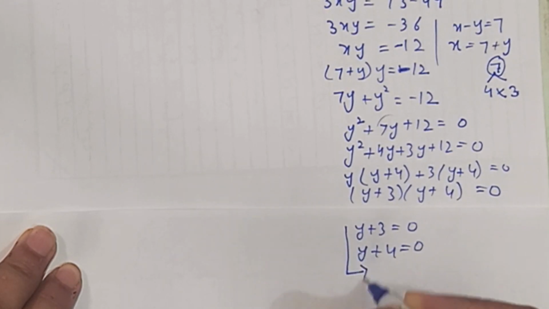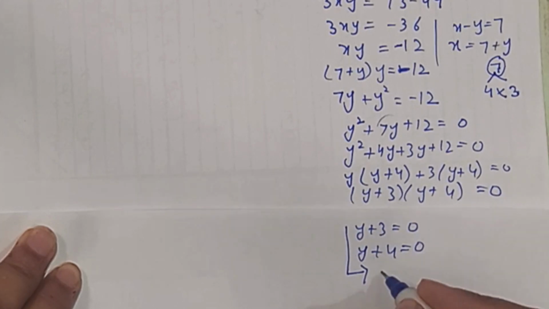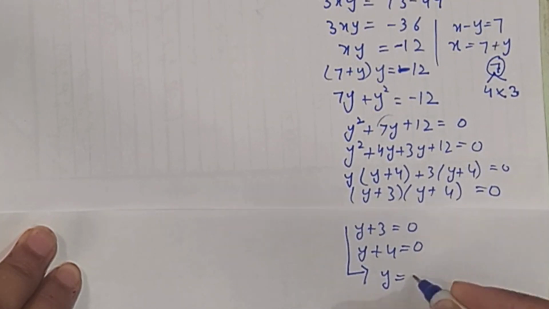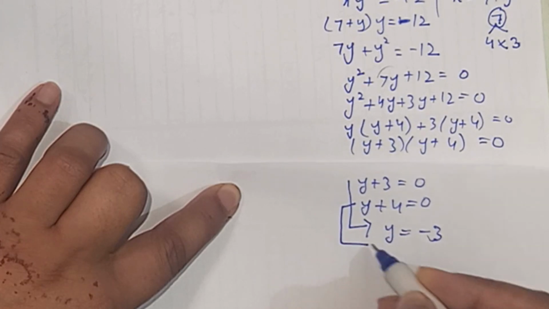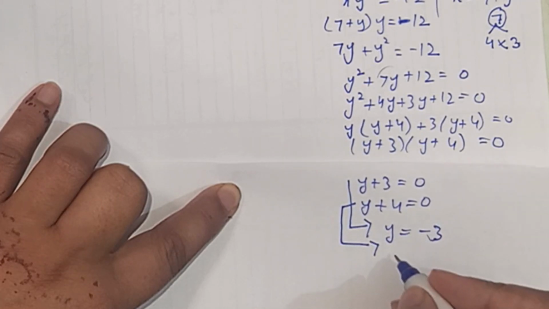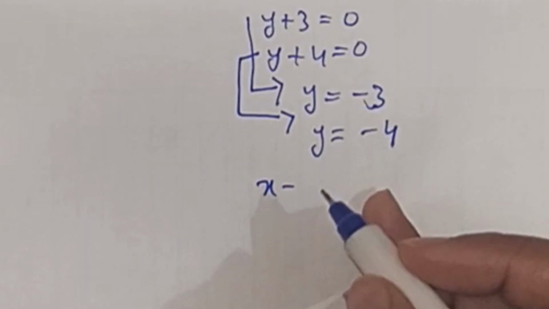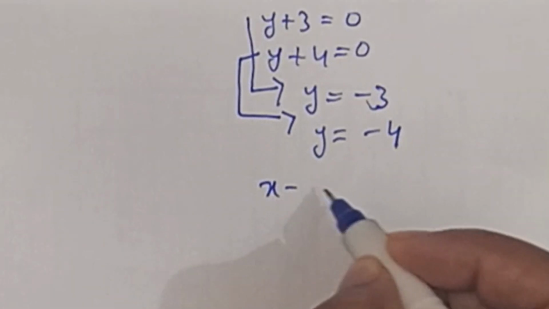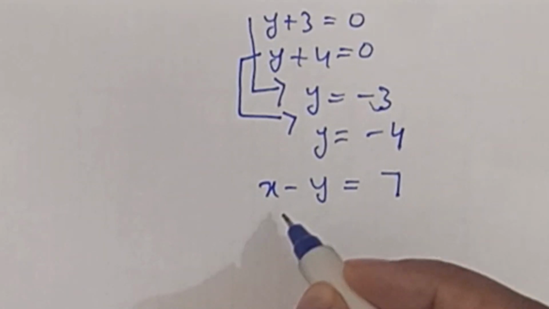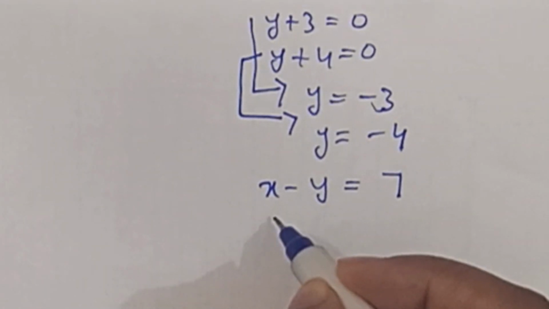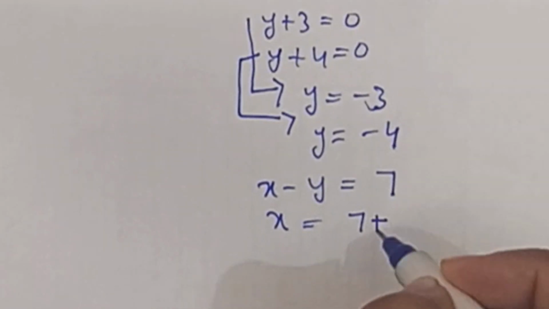Focus on this equation. If we subtract 3 on both sides, then y is equal to minus 3. And look at this equation, if we subtract 4 on both sides, then y is equal to minus 4. And equation number 1 is x minus y is equal to 7. If we add y on both sides, this implies x is equal to 7 plus y.